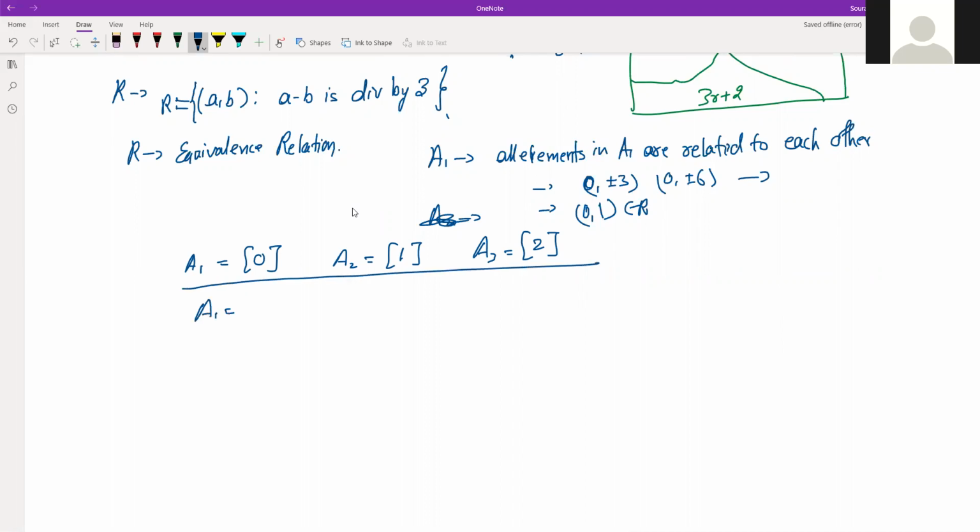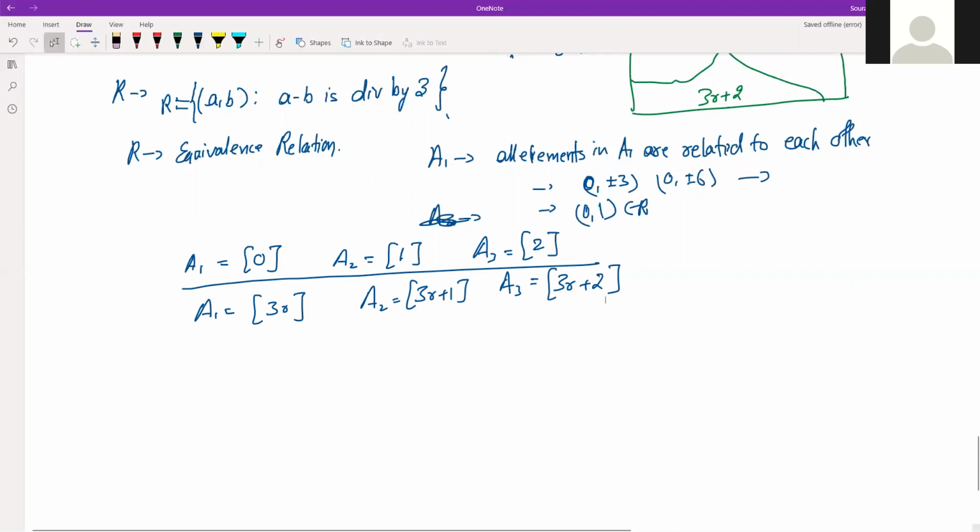A1 can be the equivalence class of anything; the same way A2 will be the equivalence class of 3r plus 1, and A3 will be the equivalence class of 3r plus 2. So that is what equivalence classes are. So that was about equivalence class and equivalence relation.